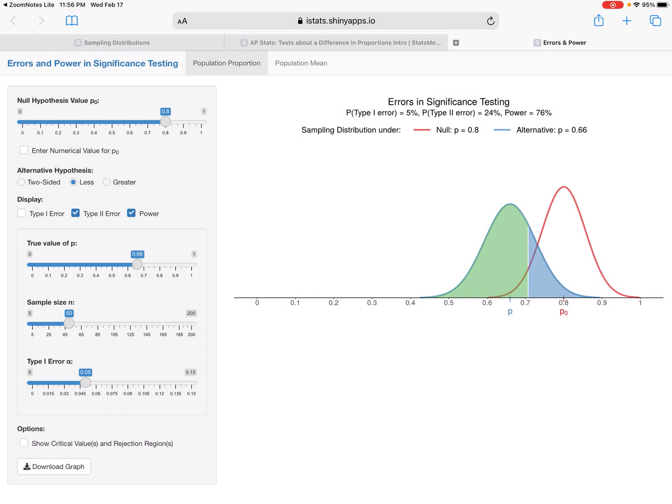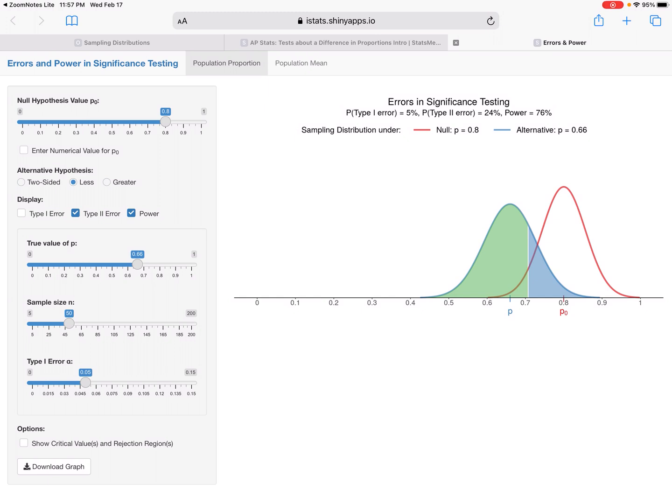So what are these two graphs? We did the significance test based on this green one. Everything we imagined was going on in this green, but really my true P was 66%.